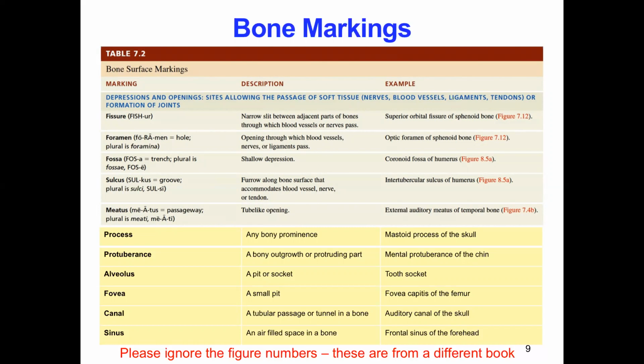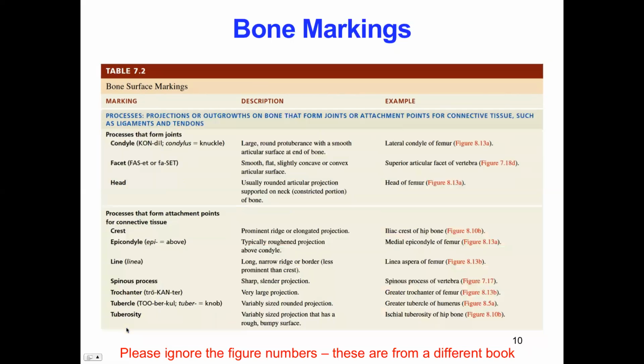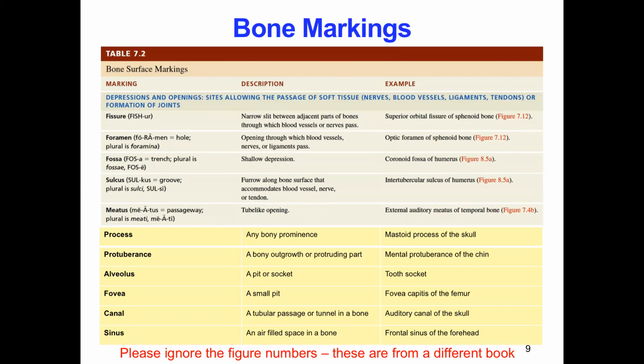So I went to table 8.2 and I added these ones because these appear in table 8.2, but they do not appear on my slide. So these two slides have all of the bone markings that are listed in table 8.2. So if you're worried, don't worry because I've got them all listed.